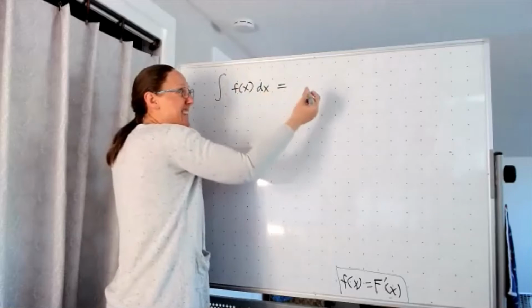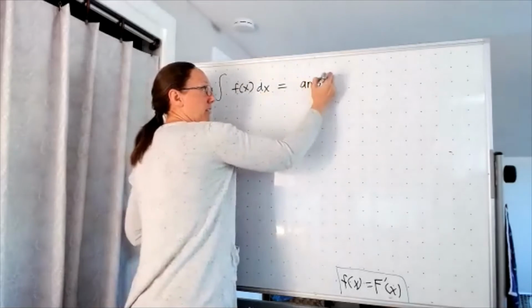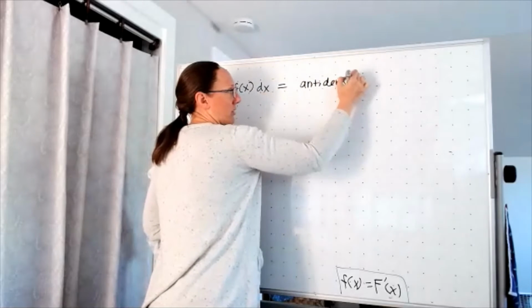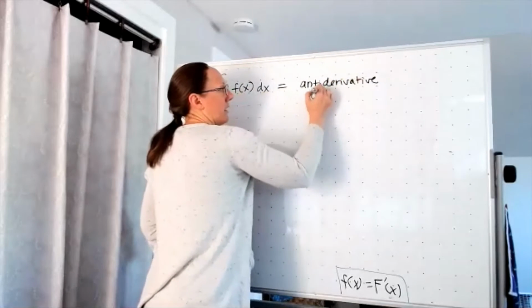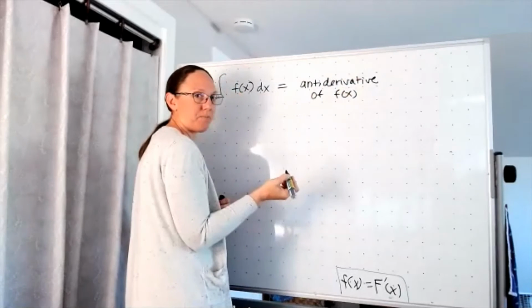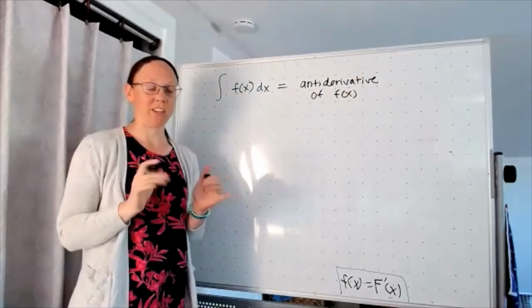So this is equal to finding that antiderivative of f of x. That's the whole point of the fundamental theorem of calculus.